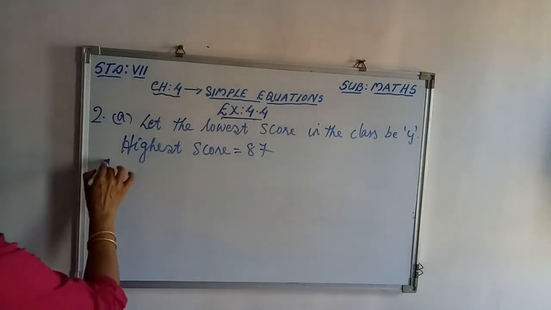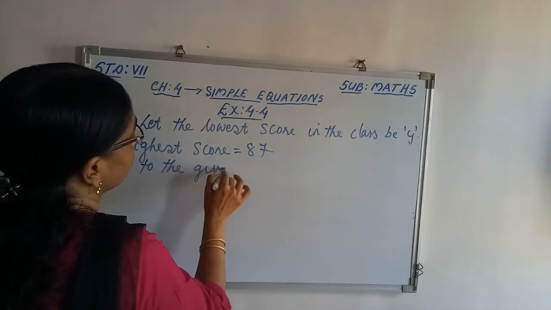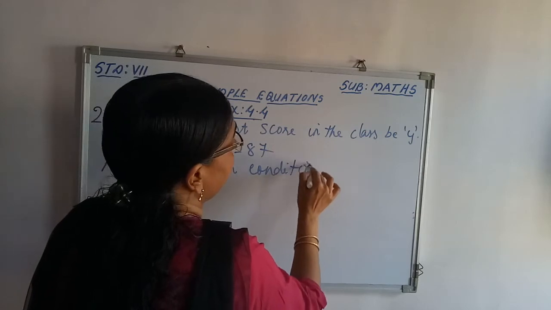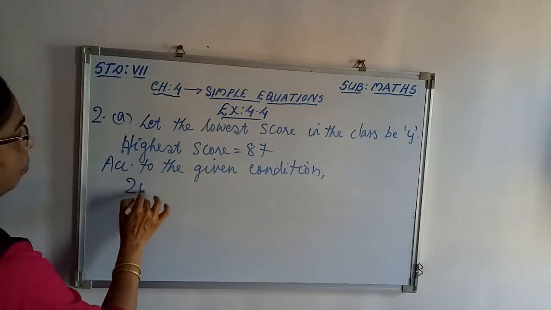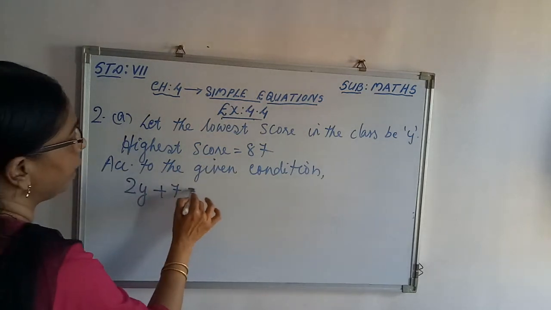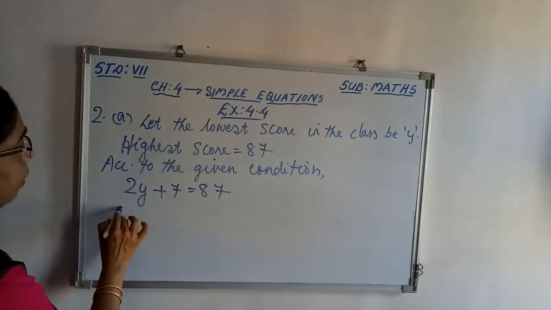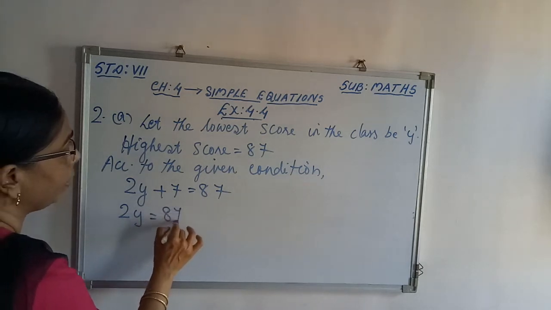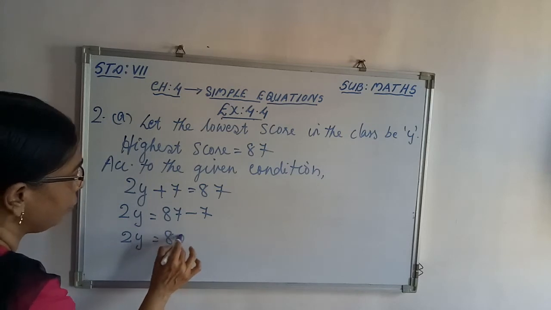According to the given condition, twice the lowest marks plus 7, that is 2Y plus 7, is equal to the highest score. Now you know how to solve it. Transposing 7, 2Y is equal to 87 minus 7, so 2Y is equal to 80.